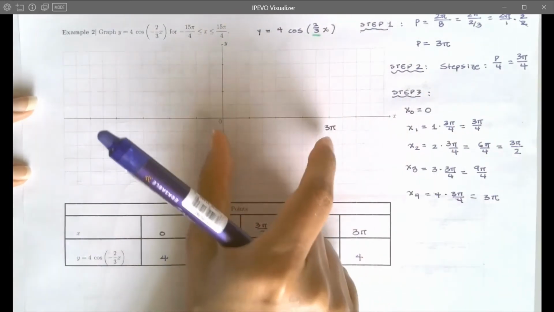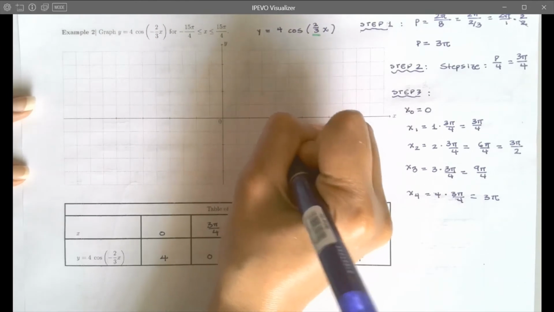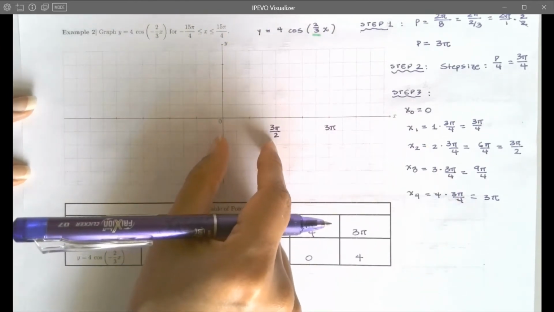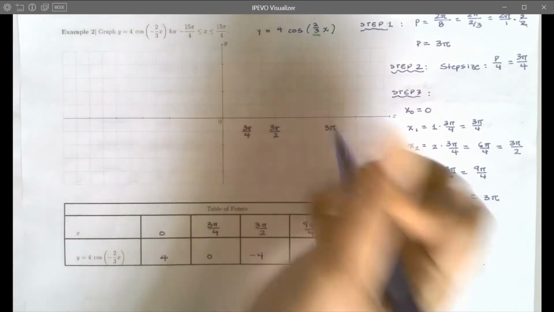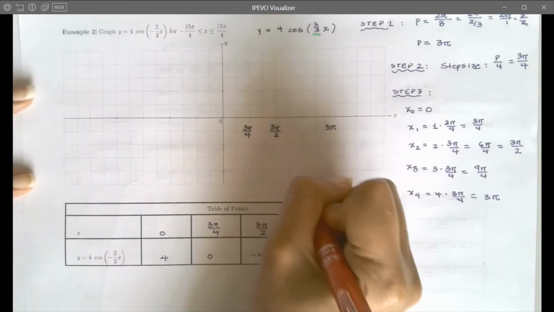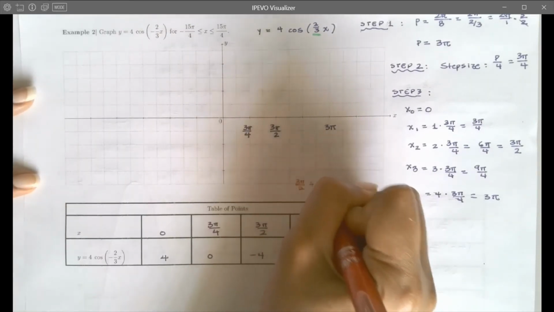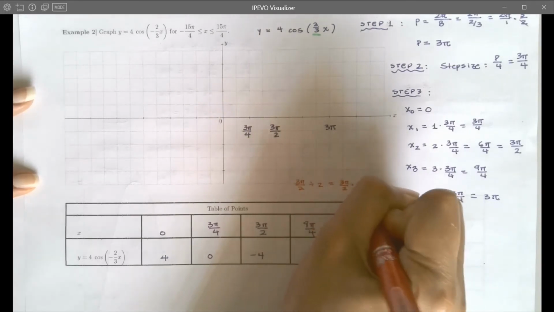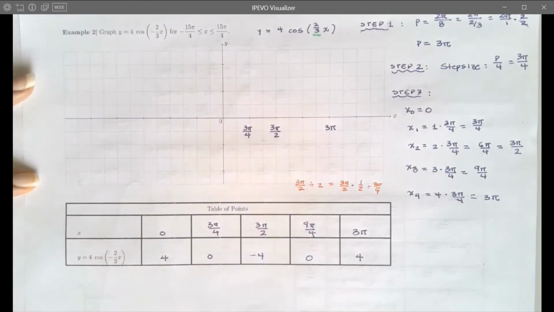And then half of 3 pi would be 3 pi over 2, so that would be here. And then half of 3 pi over 2 is going to be 3 pi over 4. And simply what I'm doing there is 3 pi over 2 divided by 2, which is 3 pi over 2 times 1/2, which is 3 pi over 4. Okay, that's all the magic that's happening there.